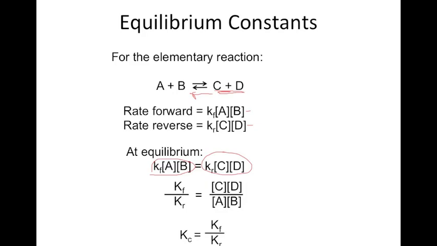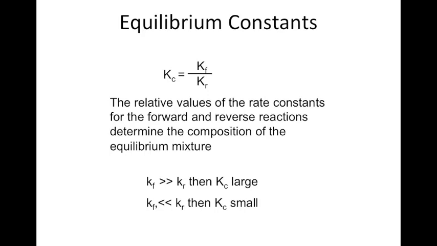So if you have a Kc value, an equilibrium constant, that's very large, remember what that means. An equilibrium constant that is large means that you have a lot of product relative to the reactant at equilibrium.